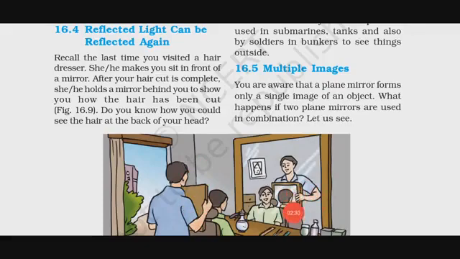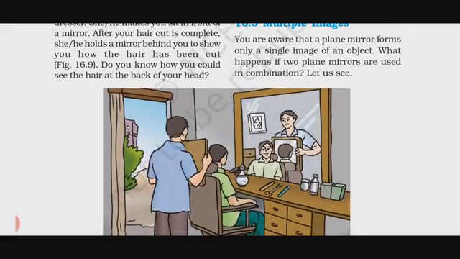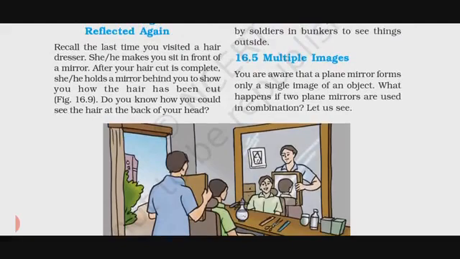And the reflected ray then enters into your eyes, and the image formed here can be seen here. In this way there can be multiple reflections, and you can see the objects which you cannot see with your eyes directly.